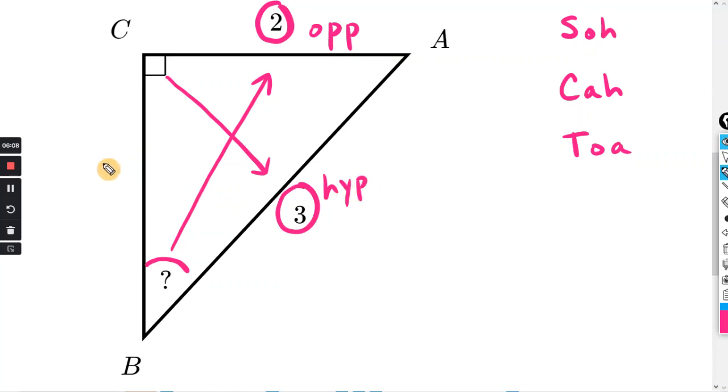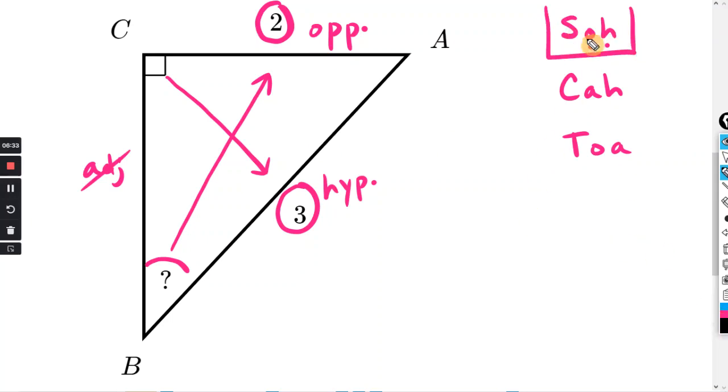And the remaining side is adjacent. So you want to go with the side lengths that you are given, so we can ignore adjacent. And which of the formulas uses opposite and hypotenuse? Well, just look for the O and the H, opposite and hypotenuse.